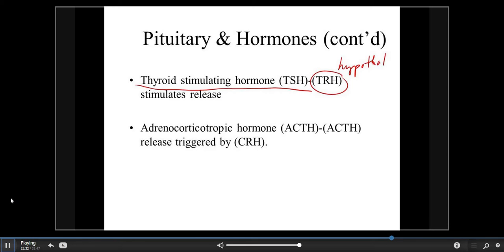Remember, you have hormones that are produced in the hypothalamus, and they will exert their effects on the anterior pituitary, and these are the releasing or inhibiting hormones. ACTH, okay, and this is signaled by what's known as CRH or corticotropin releasing hormone, and again, this is from your hypothalamus.